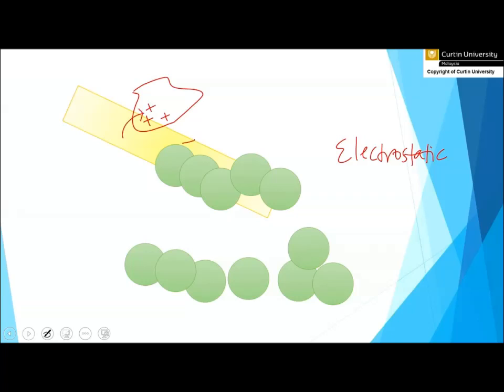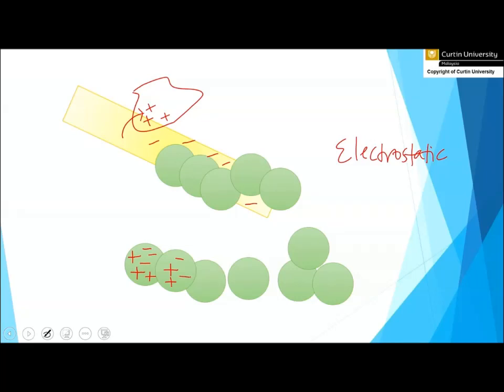So left only mostly negative charge on your ruler. So now your ruler is charged. By drawing the ruler near to the small pieces of paper, okay, the paper has neutral charge, right? The balance amount of positive and negative charges.